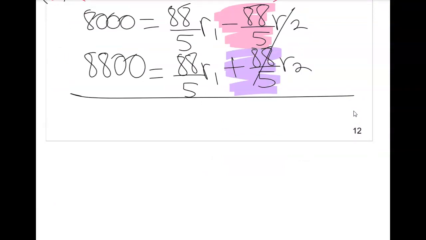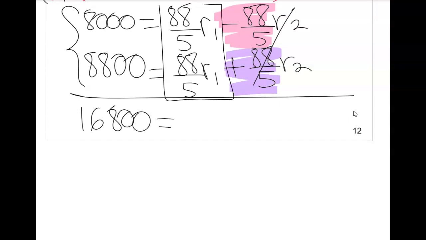Now we add here, and we're going to have 16,800 is equal, and now we have to add this 2 here. They have the same denominator, so 88 plus 88 is equal to 176, and they're both fifths, so over 5 r sub 1. So we only added the numerators.